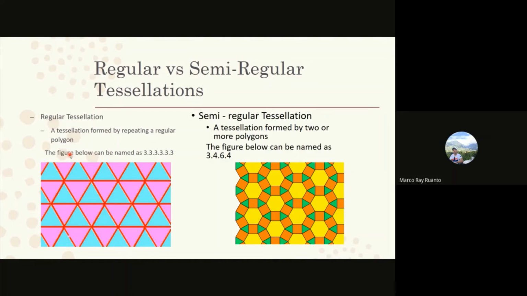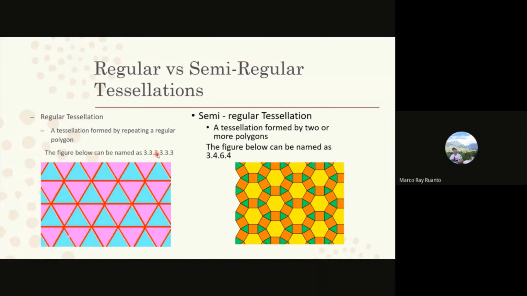Now, you name the tessellation by the number of sides of the shapes which attach to a certain vertex. So let's say, for example, in this vertex, we have a triangle here, a triangle here, a triangle, a triangle, a triangle. So we have 6 triangles, no?